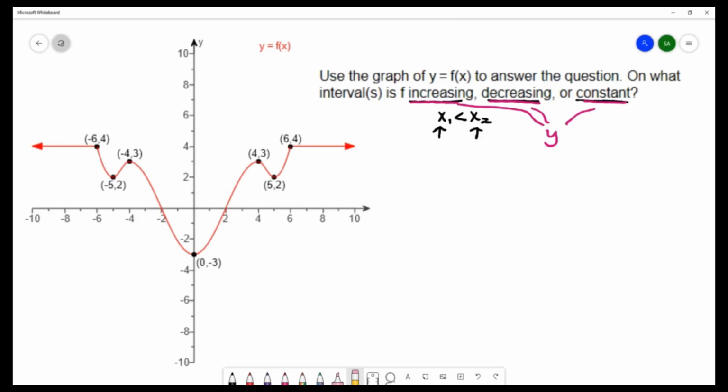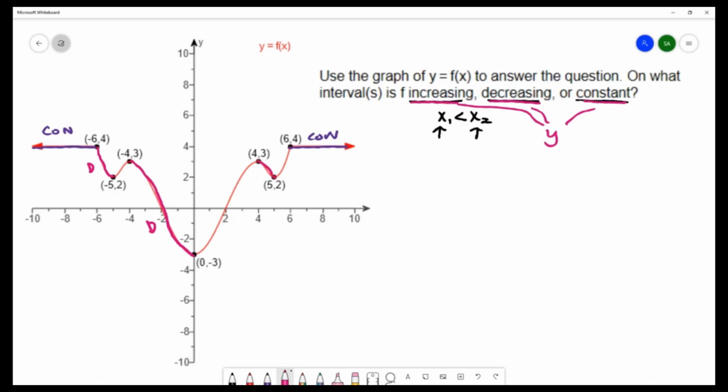So I want to label all of these intervals, and I'll do that with some different colors. So we said that this section and this section of the graph are constant. Then this section is decreasing. This section is decreasing.